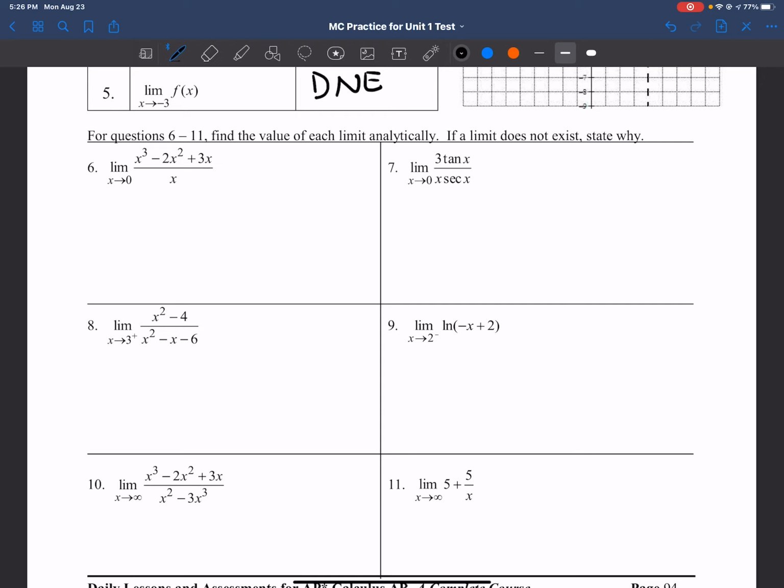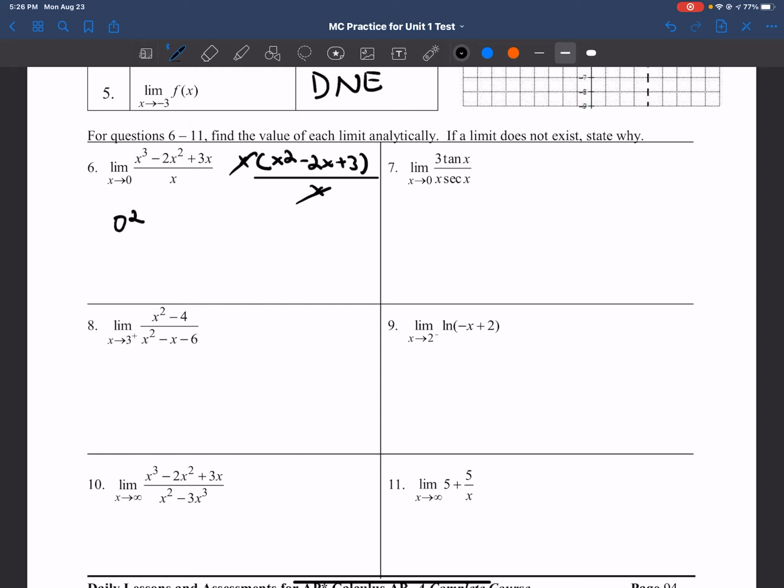So for these problems, from number 6 to 11, let's do number 6. So you factor out the x, that becomes x squared minus 2x plus 3 over x, and you could just cancel out the x. And here you could just plug in 0 for every x.